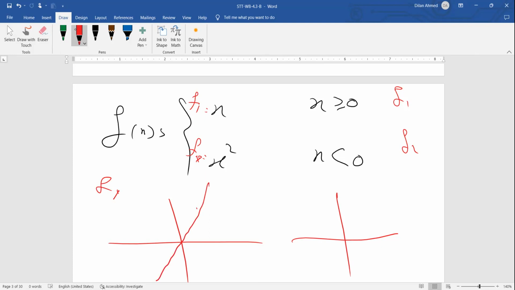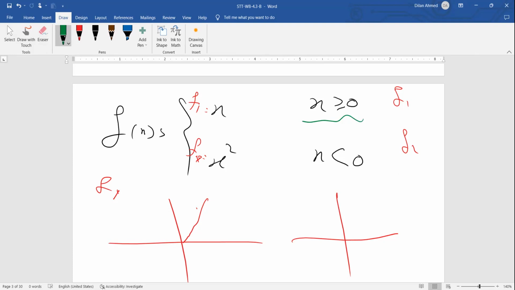Dears? And then I'm going to erase, not all, just part of it. I'm going to erase this part. Why? Because we have a condition here. It says not all.